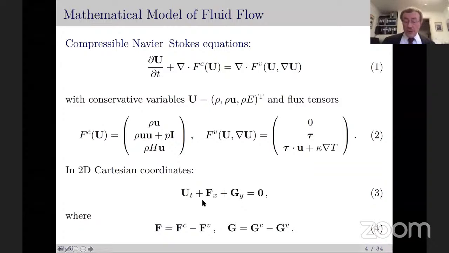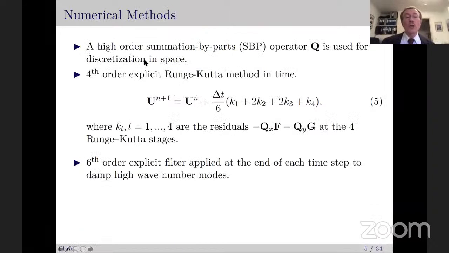Now we do a discretization of this equation using a high order summation by parts operator that was developed at Uppsala University by my former colleague Bo Strand, a student of Professor Bertil Gustafsson. I'll give you more details on that shortly. The time integration was done by an explicit method, the classical 4th order Runge-Kutta method.